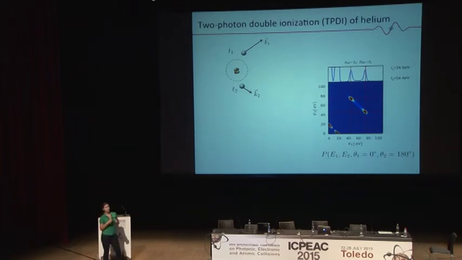And of course, in principle, we have a six-dimensional wave function. So we have all the different directions and the two energies. And in the following, we just focus on back-to-back emission, which is the most probable case.